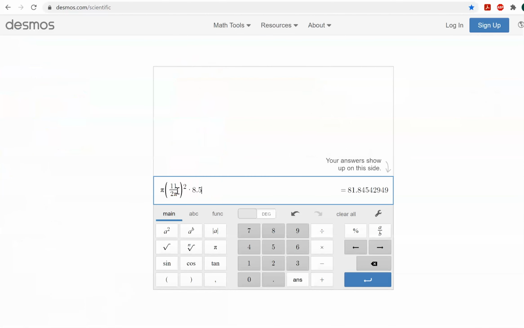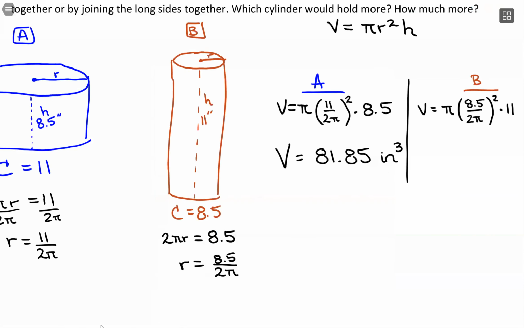What's nice is, I could retype everything, and that's completely allowed. If you want to save 1 second of your time, we can just edit the formula that's in there. Where I have 11, I want to replace that with 8.5. Where I have 8.5, I want to replace that with 11. So just a little bit of editing, and we have our volume, which is very different, 63.24.